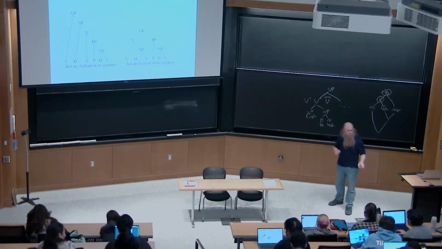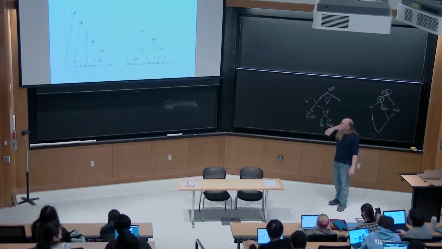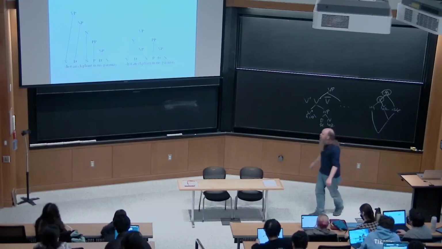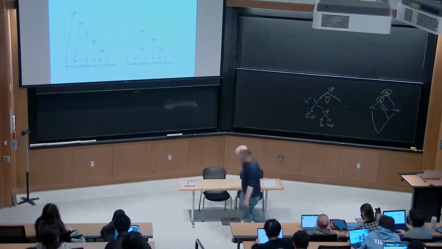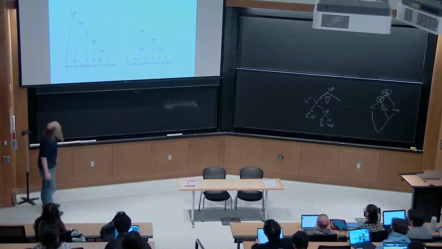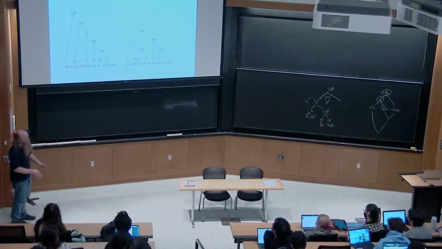Raquel? Just, I guess, a simple question. So at the bottom of the left, there's an NP, like my pajamas. Yep. And there's an N bar that's higher. I guess, why is it an NP down there if there's another NP that's above? Yeah, so that's a very good point. When I said before that you give P to the highest thing with a given label, I should have said something more sophisticated, something like you give P to the highest thing with a given label that is being projected from a given head, from a given word.